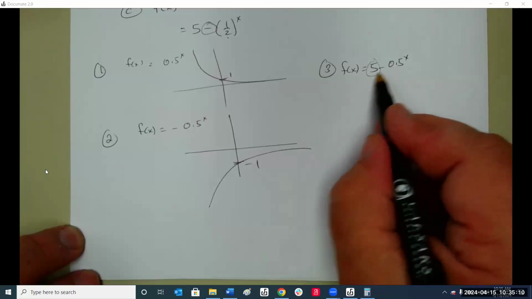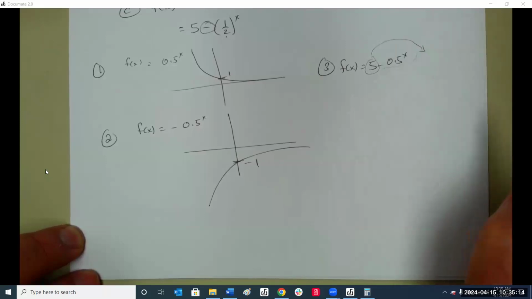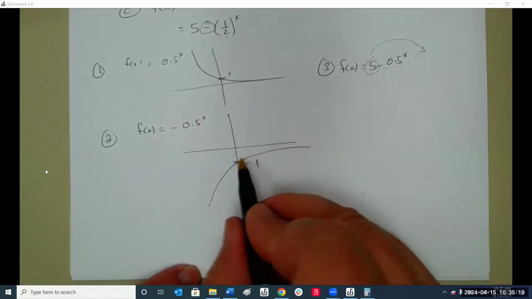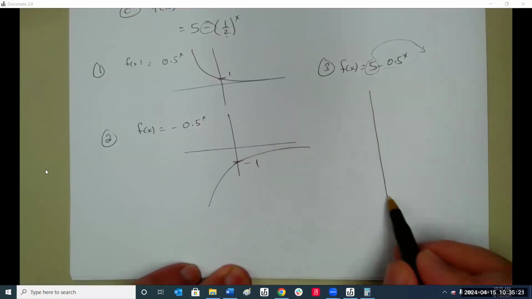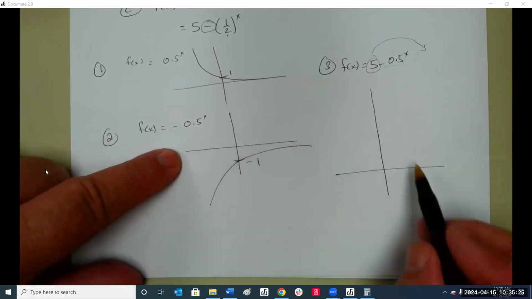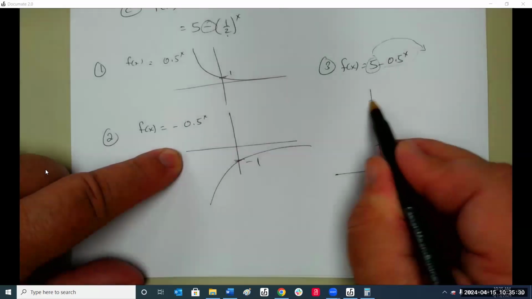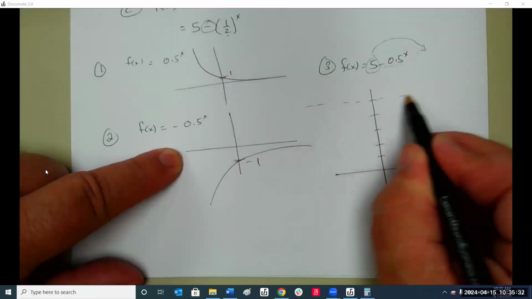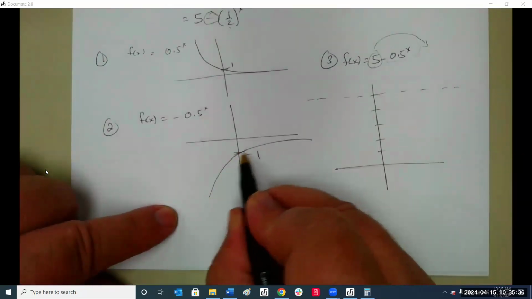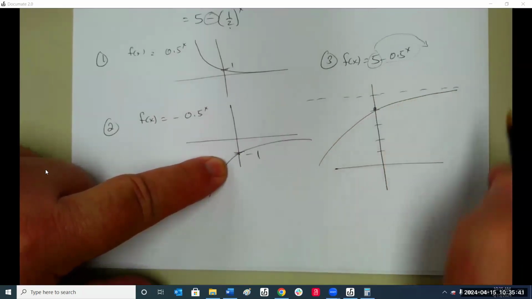It's a vertical shift, because it's outside the function. It's the same as putting +5 back there, but it could be in front too. So I shift everything up 5 spaces. This horizontal line goes up 5 spaces. 1, 2, 3, 4, 5. The graph crosses 1 underneath it. So there's the graph.